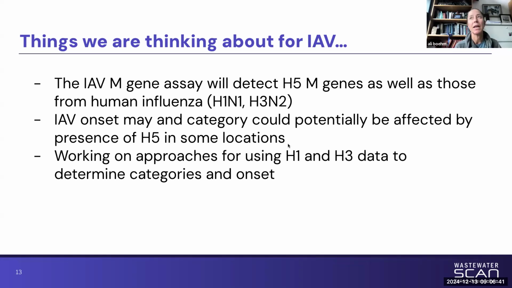We're not going to be making any changes in the near future, but we do want to alert you that if your wastewater treatment plant or region is showing that influenza A is high, wastewater category, or in onset, you should look closely at the H5 data to see if you potentially have interference from inputs from dairy processing facilities.